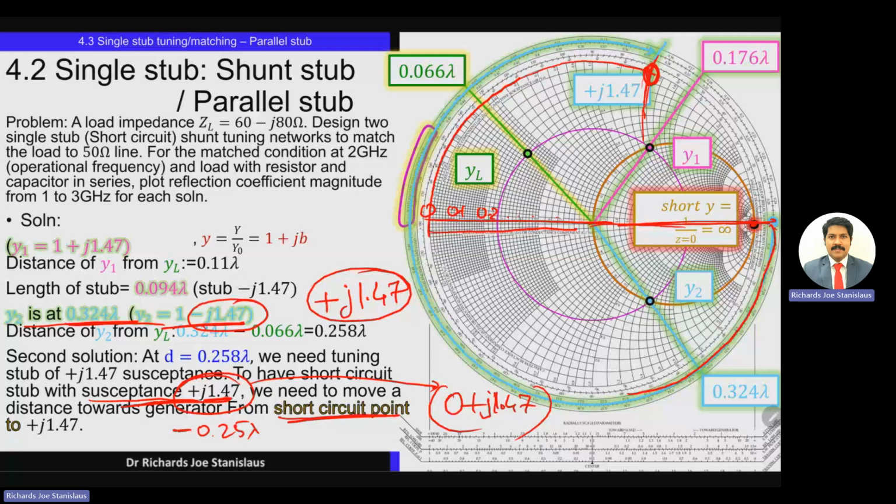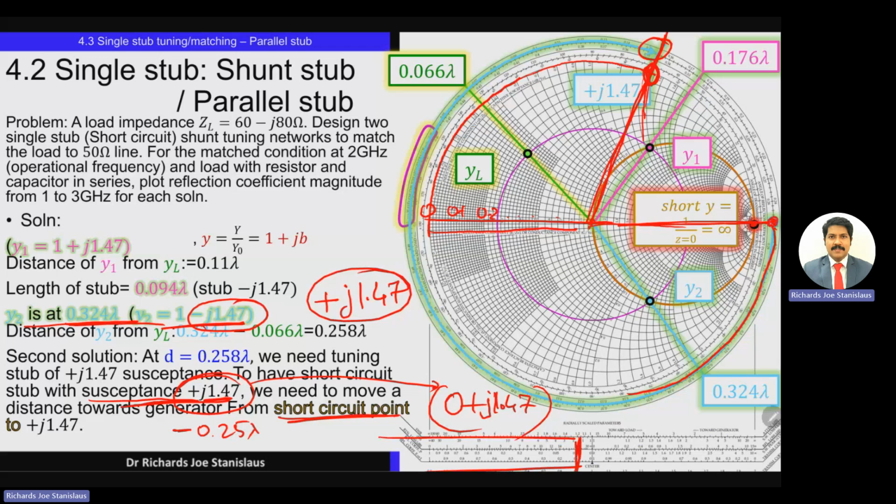So connect the center and this j 1.47, extend it outwards. That will give you the final location of this stub, where we will find plus j 1.47 as the admittance for a short circuit stub.